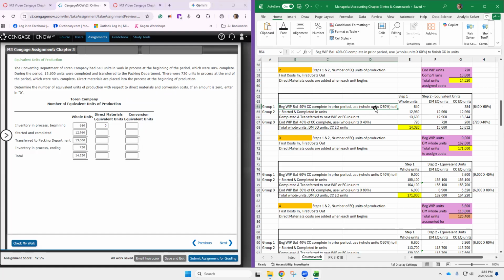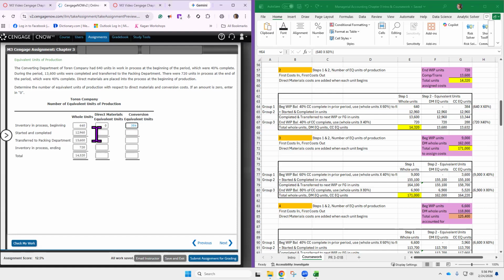So then you use your whole units times 60%. So here's where I'm at. We've got 60% of the whole units, and I went ahead and put beside it what we're calculating there. So we're getting 384 equivalent units as far as conversion costs are concerned.